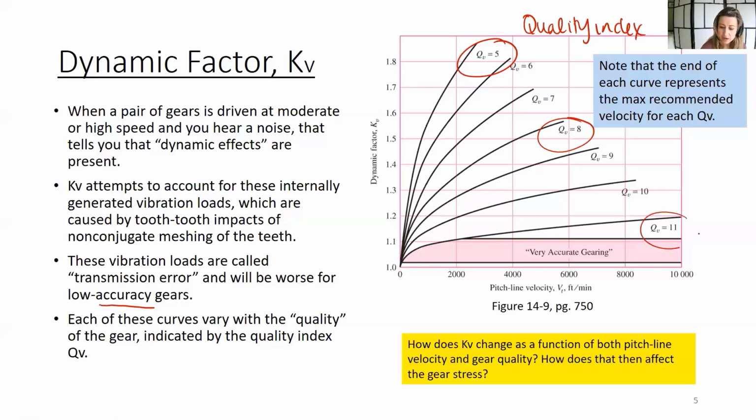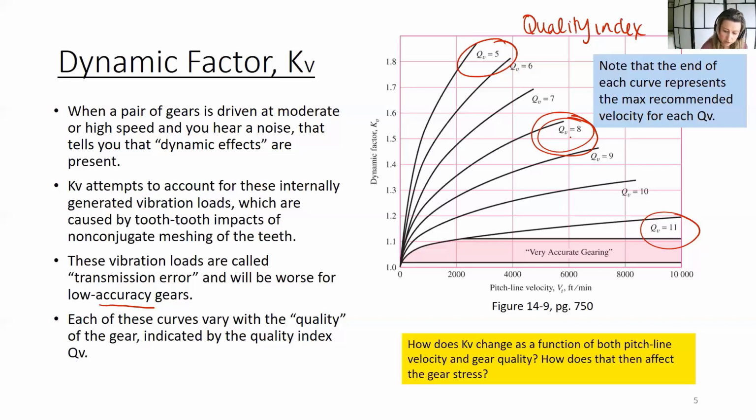I have a grad student right now who's working on a project where he's trying to align a crystal very, very precisely, and he would have to use the most accurate gearing possible because it's a very precision application. But for our class, we're going to be talking mostly about commercial gearing applications. So quality index will be given as 7 or 8.